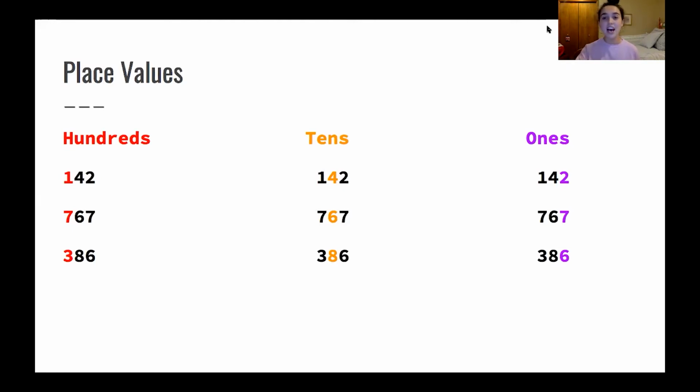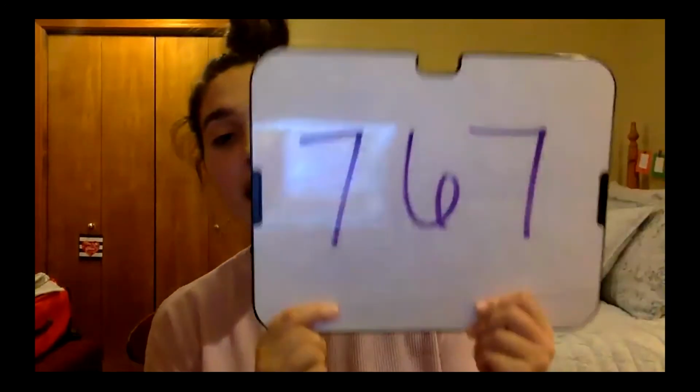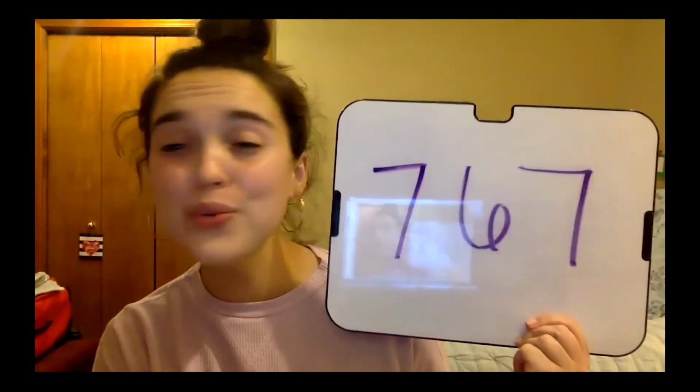So another way to think of this, if you guys ever want to know how many ones, how many tens, how many hundreds, and you're feeling confused or feel like you don't know what's going on here, one little trick that I like to use is, if I'm looking at this number and I'm thinking, okay, I do not know how to tell how many are here, what I can do is cover up the other two numbers. So if I'm asking myself, okay, how many ones? Well, all I have to do is look, what's that number? 7.